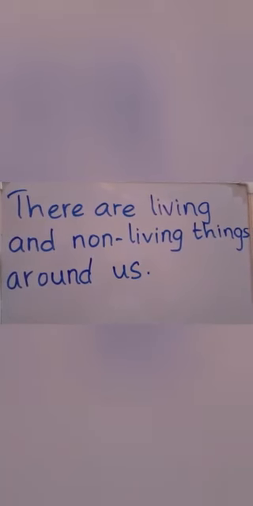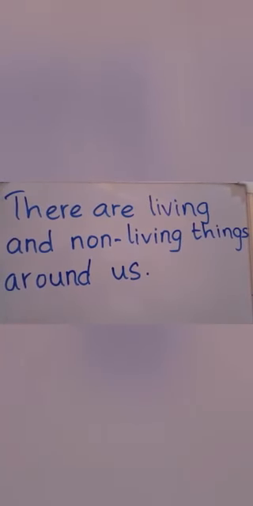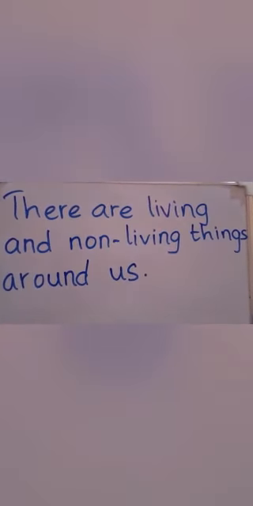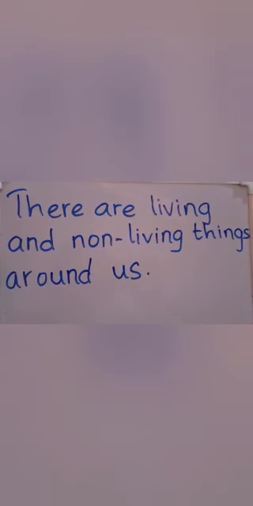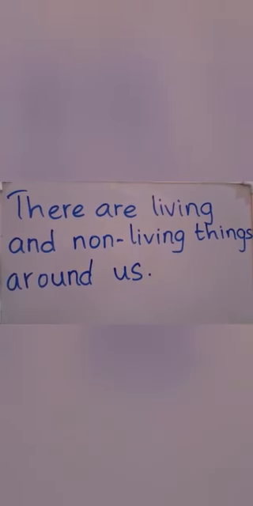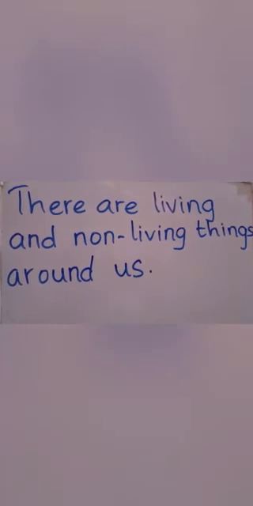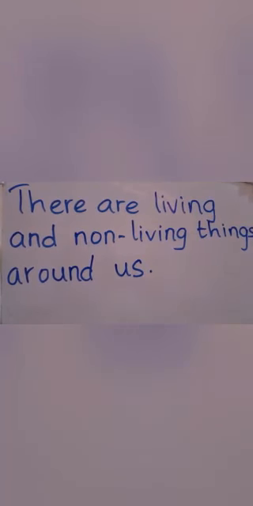An example of a living thing around us is a human being. It can be an animal or a plant. An example of non-living things are all the objects around us. For example, your book, your copybook, pencil case, the TV, and so on.